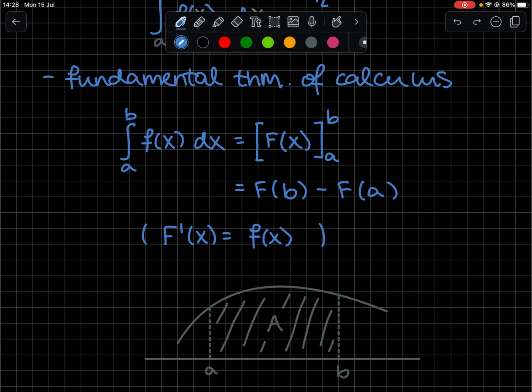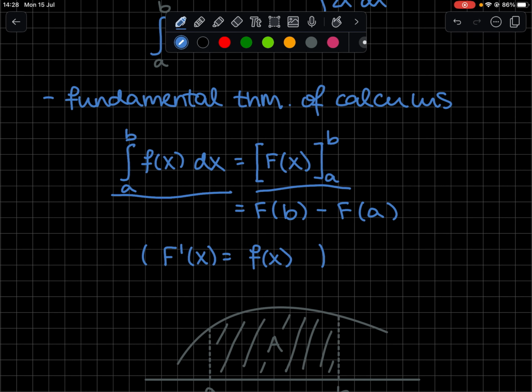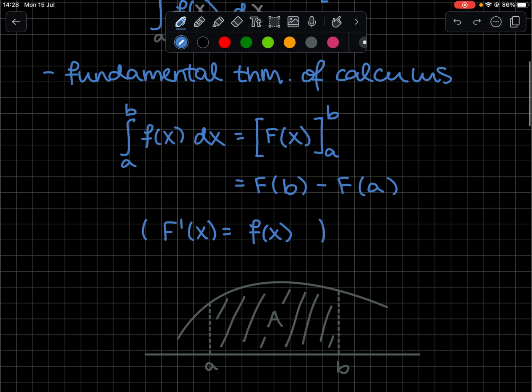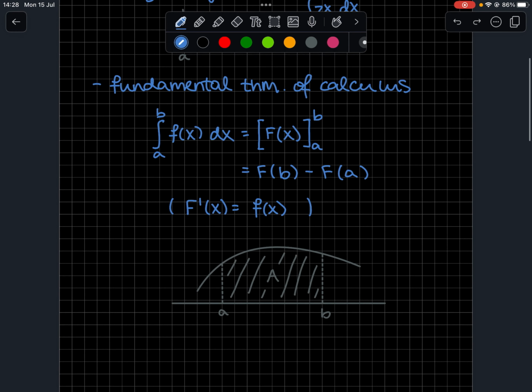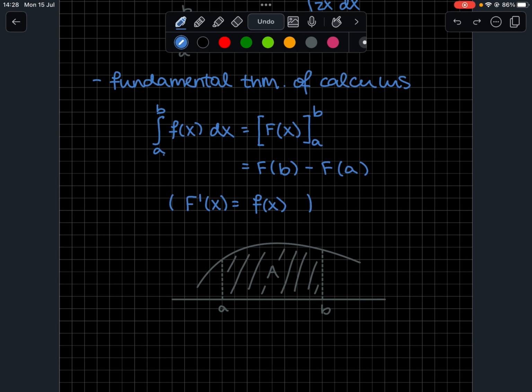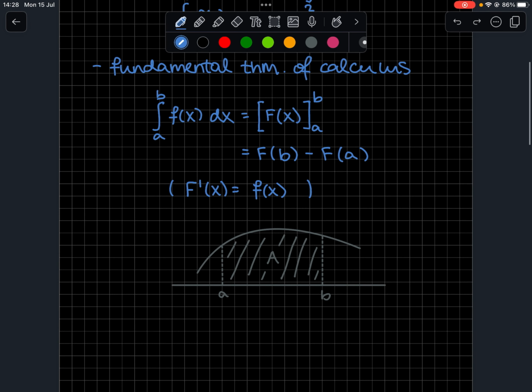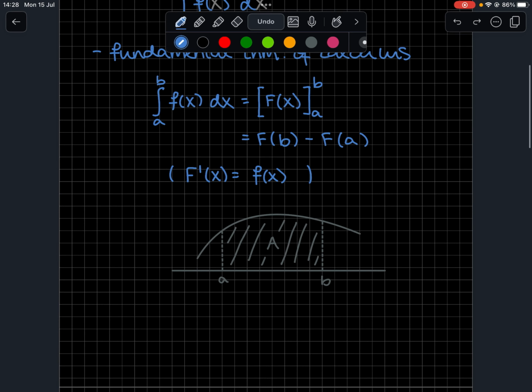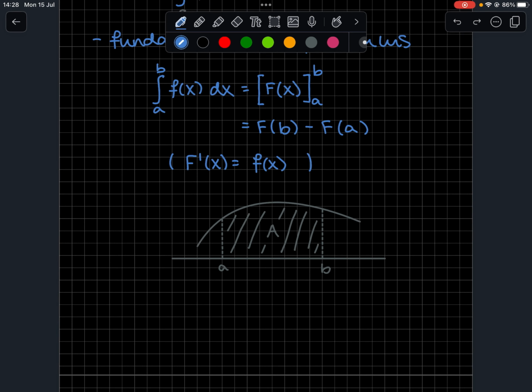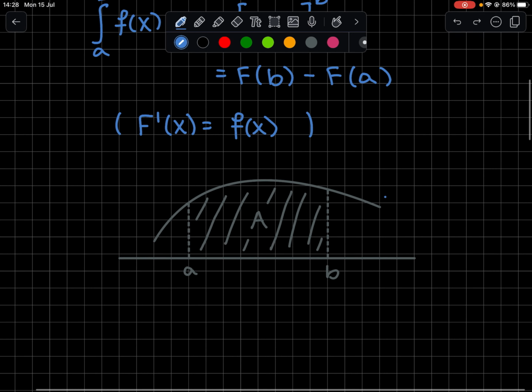And we can write this in more condensed form with these square brackets with the B and the A on top. So all of these three expressions are equal. They're just different ways of writing the same thing. And the fundamental theorem of calculus tells us that this is true, and that this integral is equal to the area underneath the curve between A and B. And what's the function of this curve?